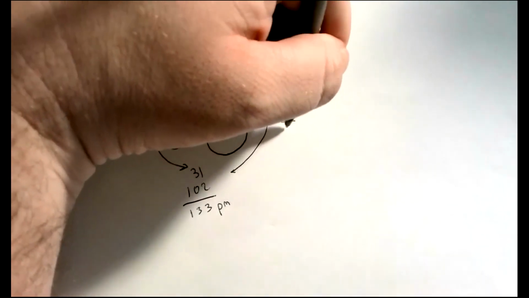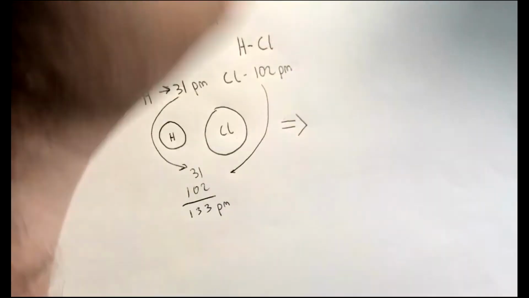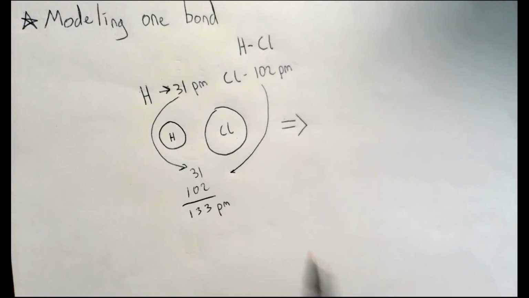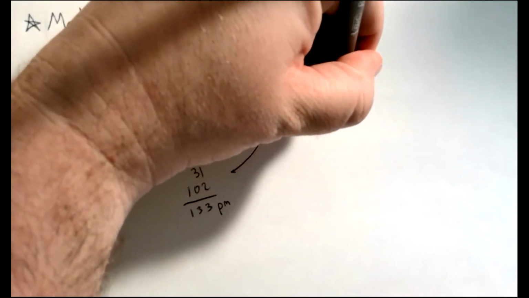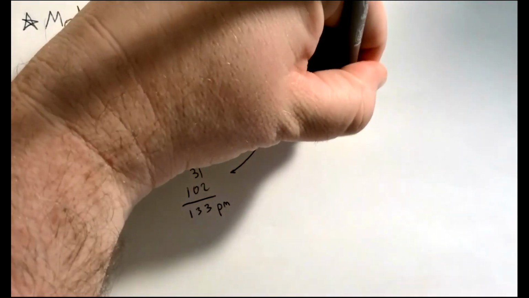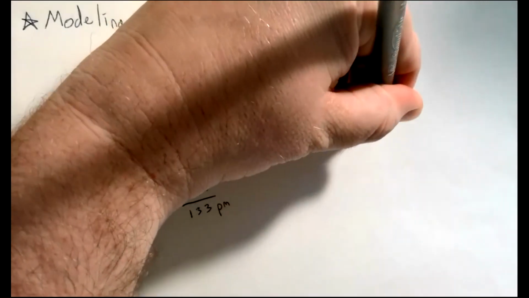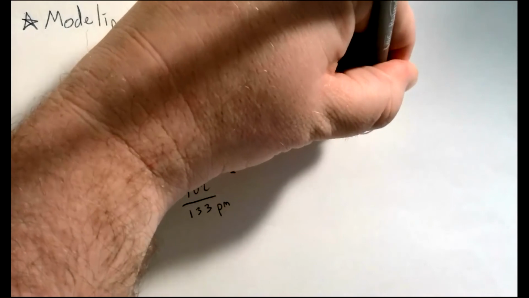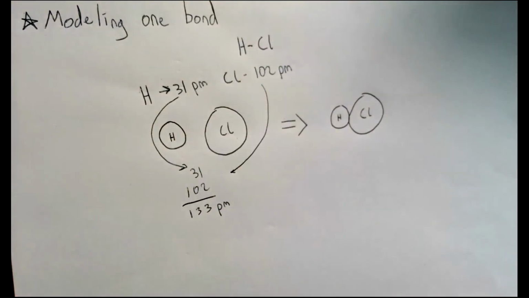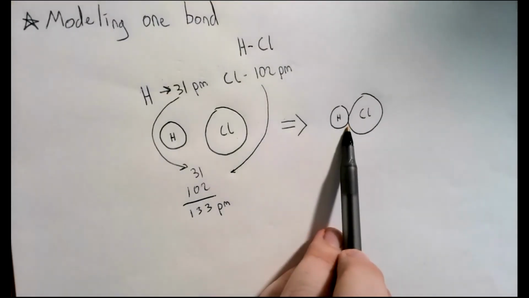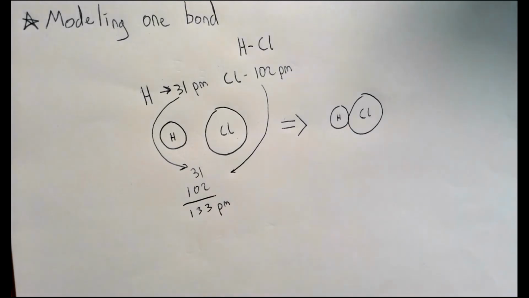Now over here to the left, I'm just going to show what it looks like when we put it all together. So I've got my H, and then I've got my Cl, and they don't necessarily have to be touching. That's actually like an extra level of detail that we may or may not go into, something Dr. D and I discussed a lot.